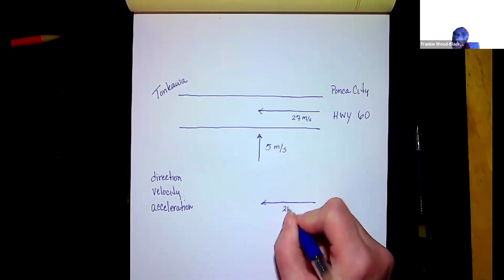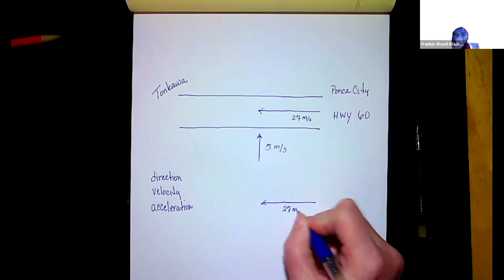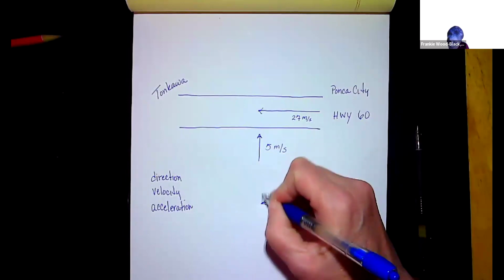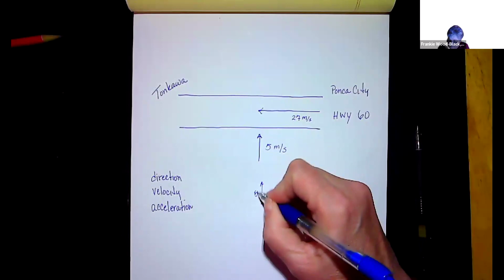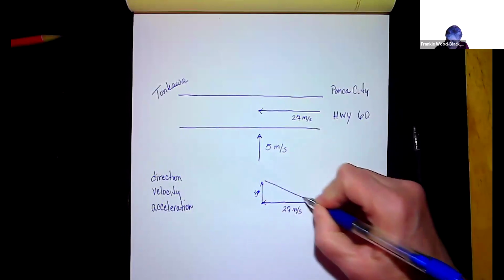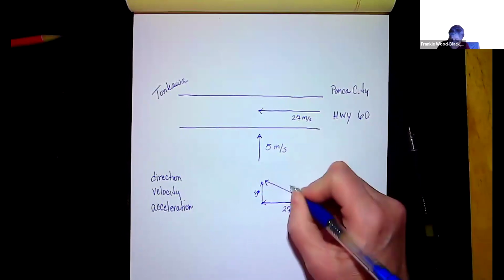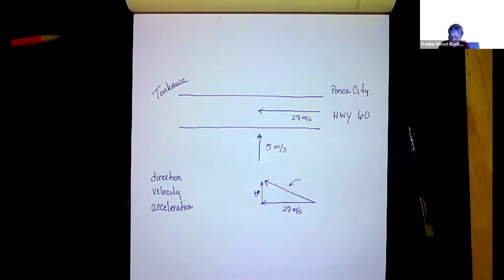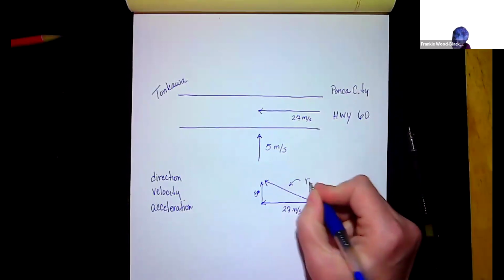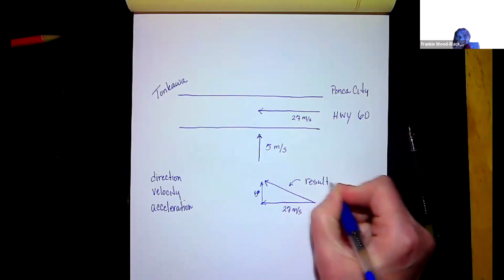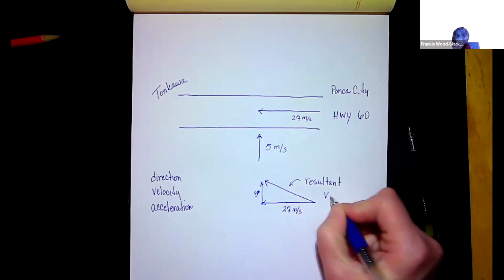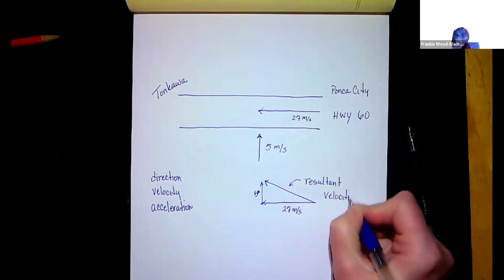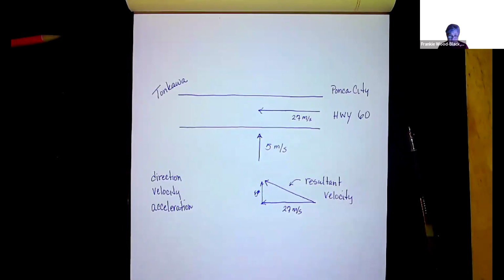There's my 27 meters per second. Here's my 5 meters per second. And I've got a resultant vector, and this would be, as the crow flies, my resultant velocity. And we can figure that out.